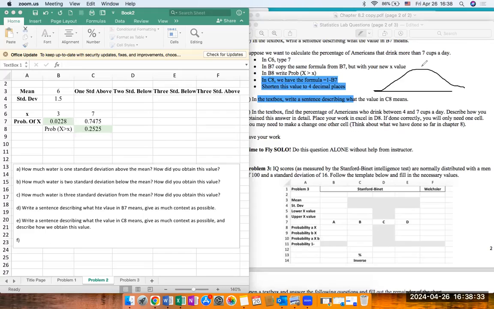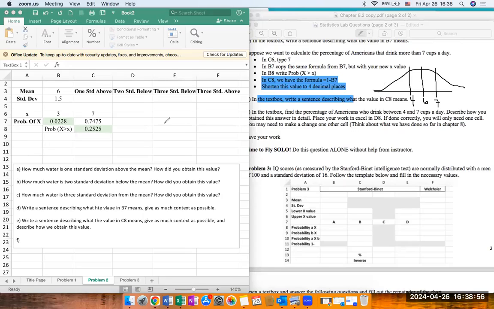There's our little curve. We have 6 here. We have 4 cups here. We have 7 cups here. So we already have your 7, so we already know a little bit of this region.